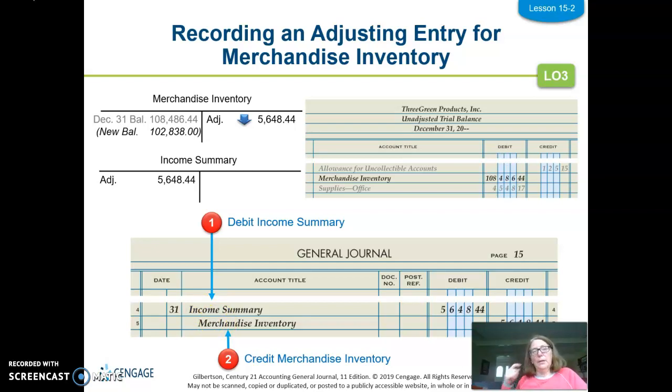So it's these two accounts always, it's a matter of sometimes I debit merchandise inventory if it went up from the beginning to the end, and I credit merchandise inventory if it went down from the beginning to the end. So take a second and just make sure you kind of got that, or re-listen if you need to.